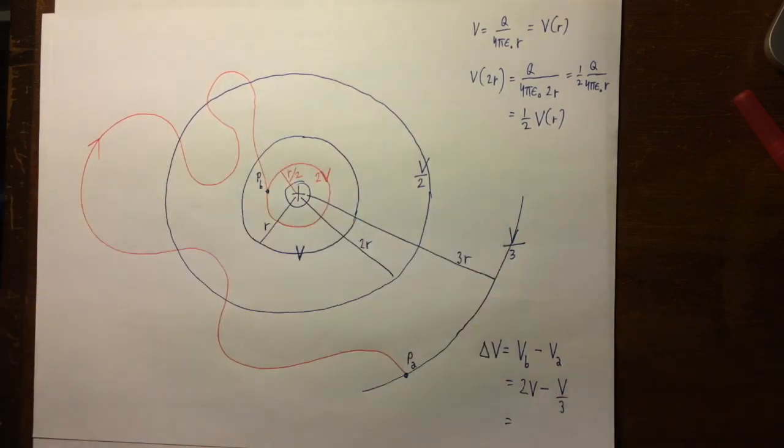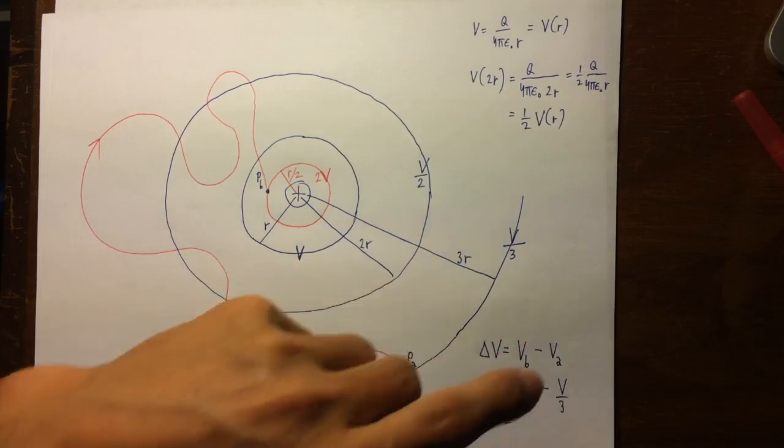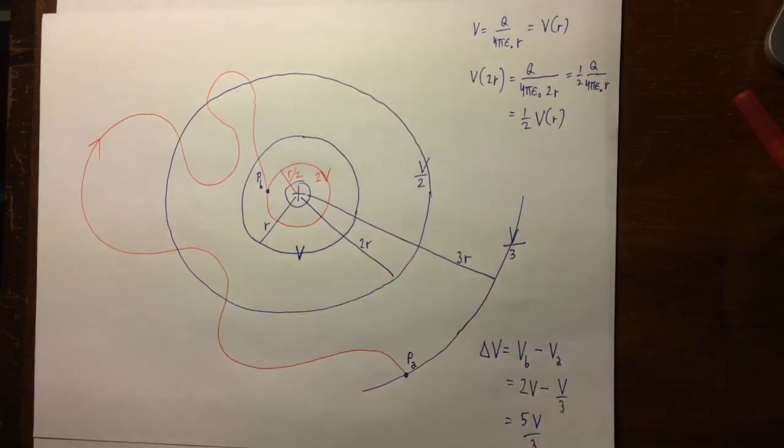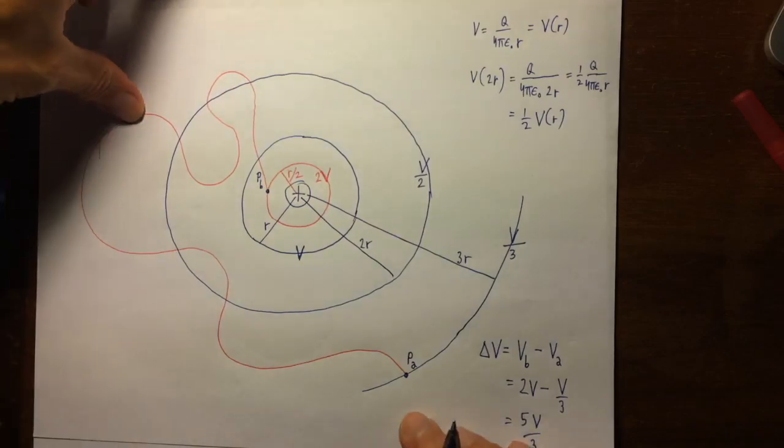So that's like 6V over 3 minus V over 3, so 5V over 3. For example, these are equipotential surfaces for a point charge.